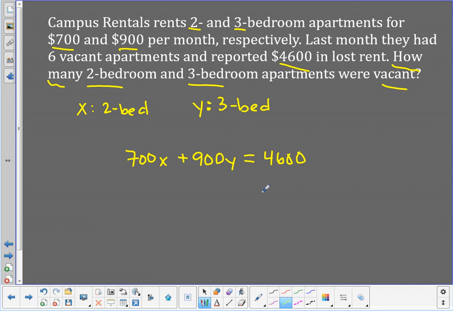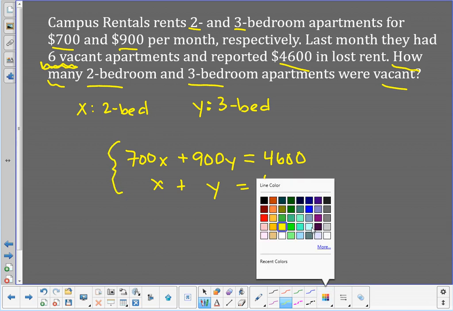So that is equal to 4,600. The other piece that I'm told is that there are 6 vacant apartments. So if I just look at the sheer number of apartments, that's X plus Y is equal to 6. Some are 2 bedroom, some are 3 bedroom, total of 6 vacant apartments. All right, that is my system.